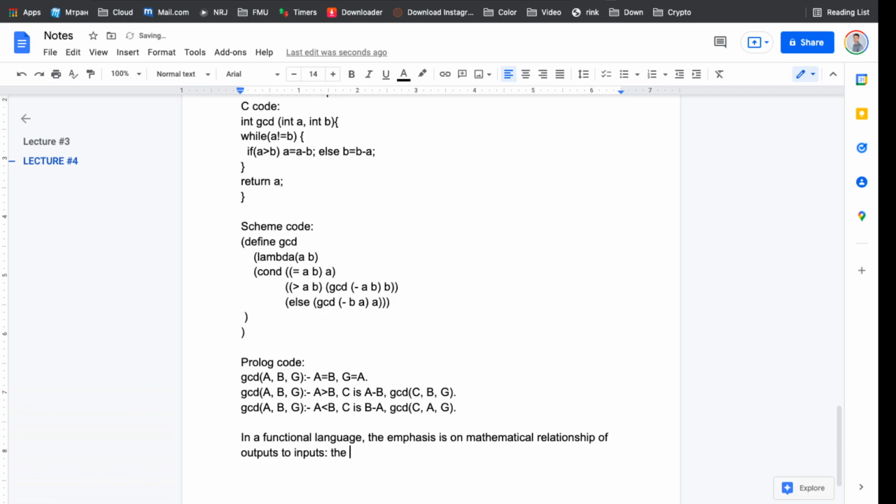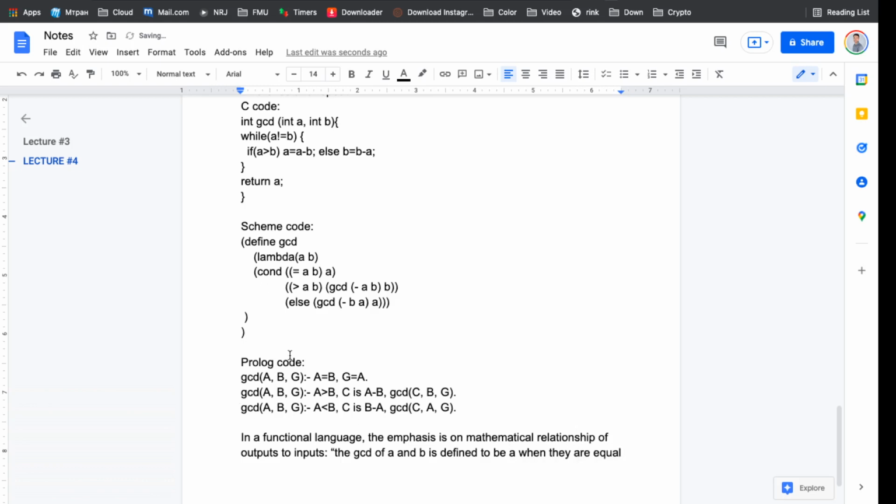So in other words, the GCD of A and B is defined to be A when they're equal.